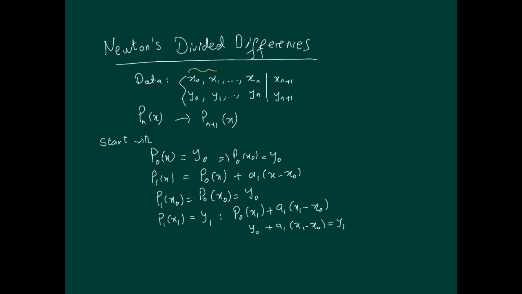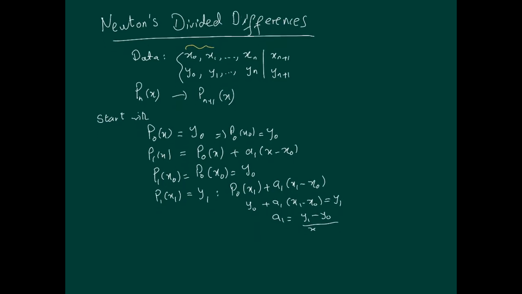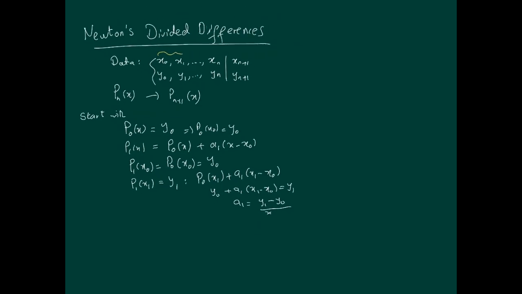Well, this gives us a very simple opportunity to figure out what a1 is. And a1 is in fact equal to y1 minus y0 over x1 minus x0. So we've got a formula for our a1. And this means that now we can have a polynomial interpolation for our two data points.